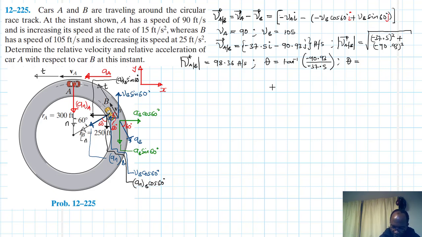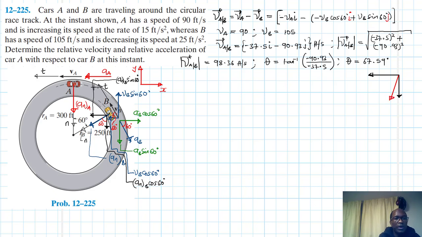Tan inverse of that, we get 67.59 degrees. If we were to draw this, it looks like so. This is negative there, it's negative there, and then we have the resultant, which is closer to the y-axis, like so.